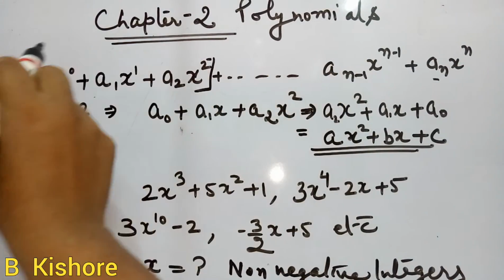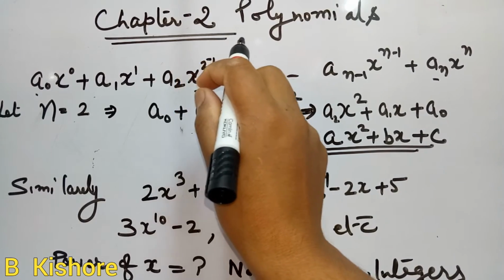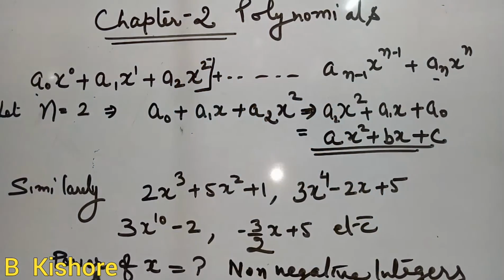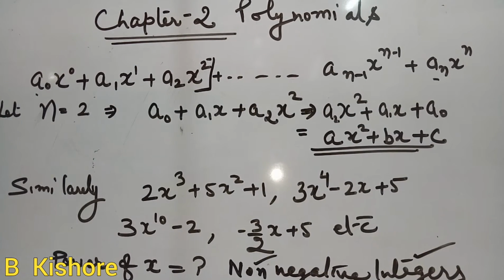This is never negative, and never a decimal or fractional power, right? It is always an integer and always non-negative. This we have done in class 9. Now based on these concepts we will do some questions which are coming in class 10 also.